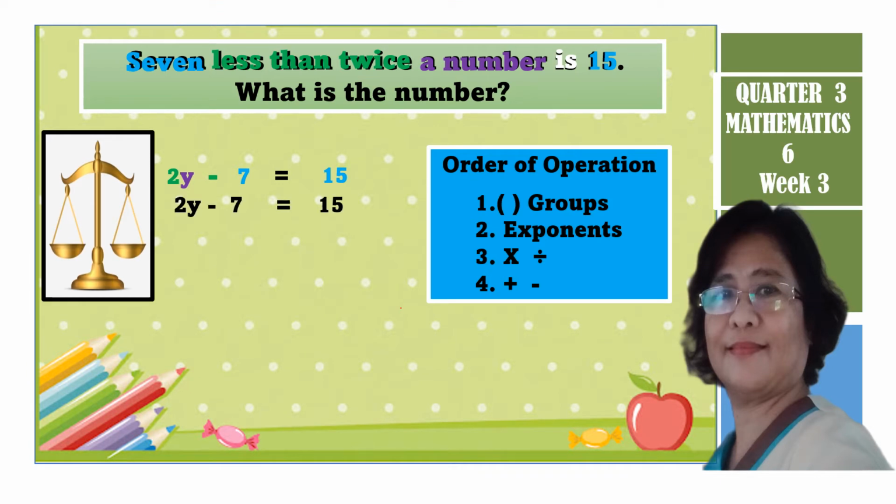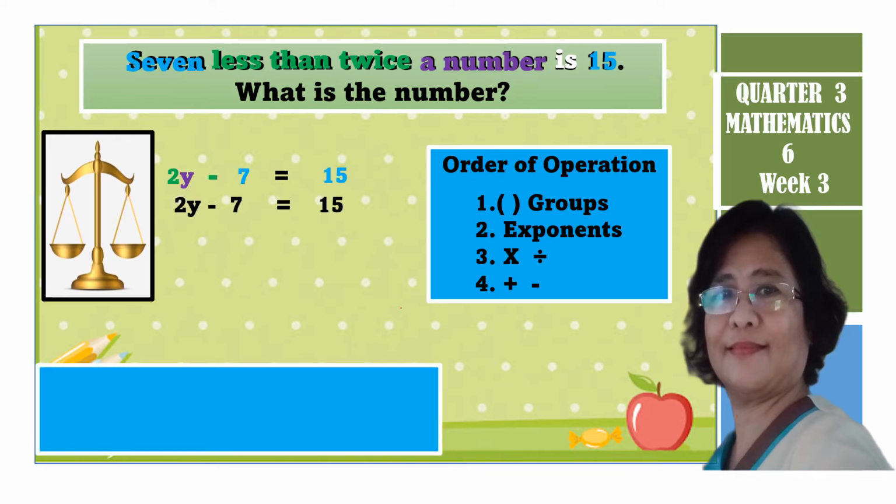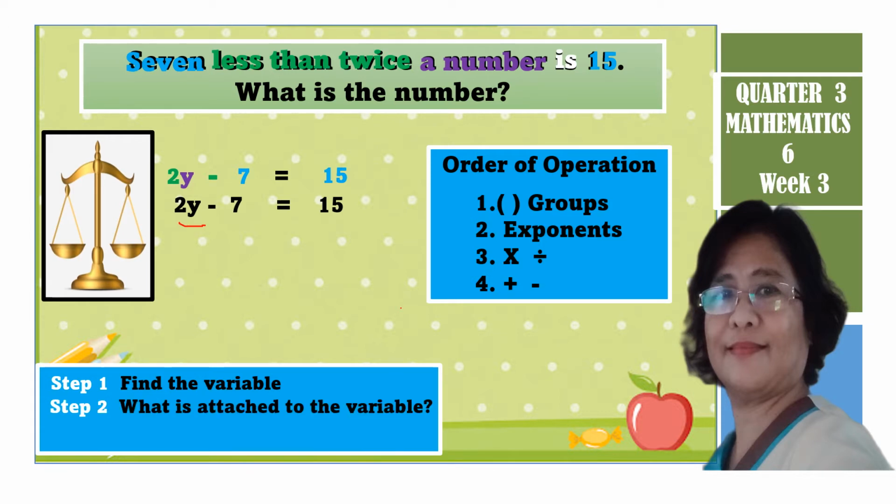Let us now solve the equation 2y minus 7 is equals to 15. The first step is to find the variable. What is the variable in this equation? The variable is represented by the letter y. The second step is what is attached to the variable.